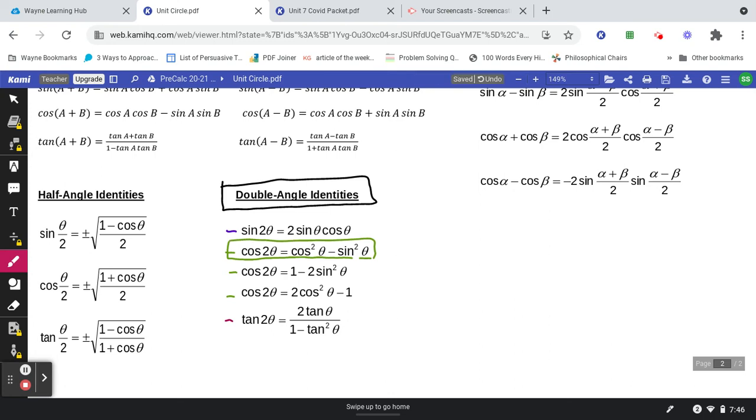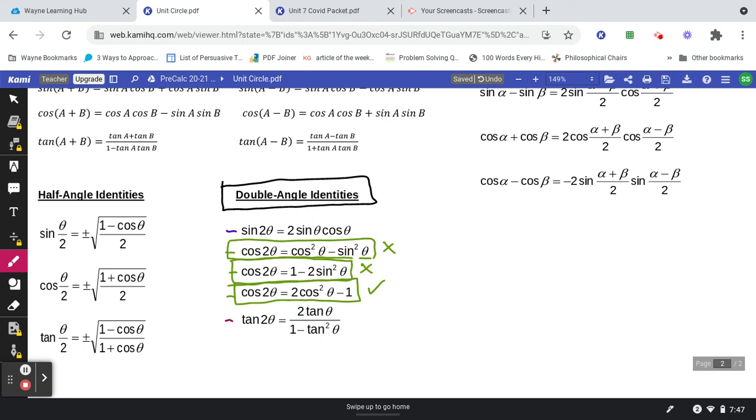They did not give me that. So I don't really want to use that one. The next one, again, is 1 minus 2 sine squared, but I was not given sine. This last one here is 2 cosine squared minus 1. That's the one I want to use because I already have cosine. So we'll use that third one for this problem.